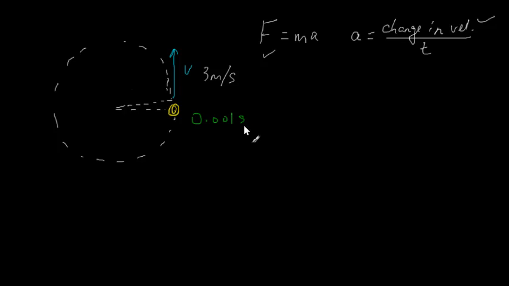Very short time. And suppose that the radius of this circle is 2 meters. So what I want to do now is to find the change in velocity. I want to know both the magnitude of this change and its direction. So how can I do that?